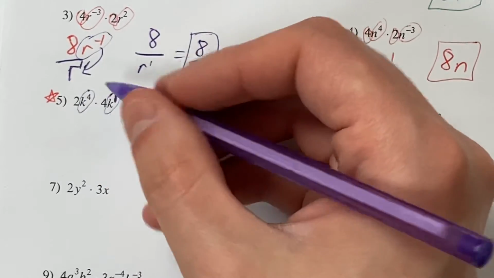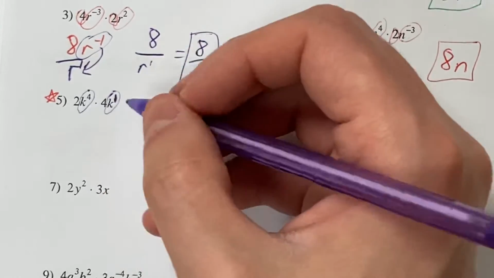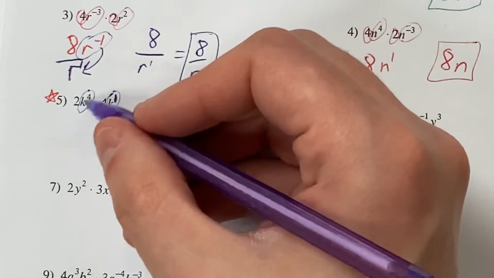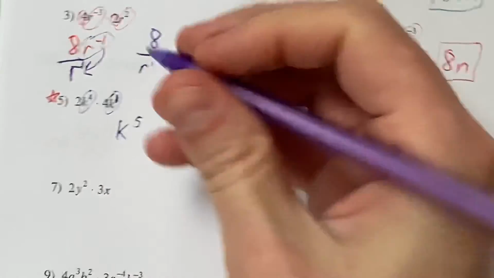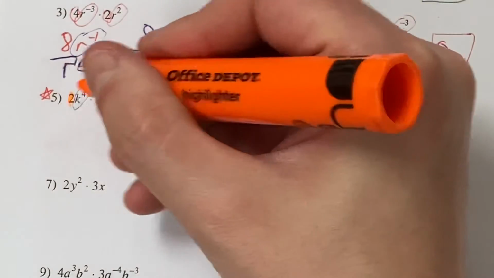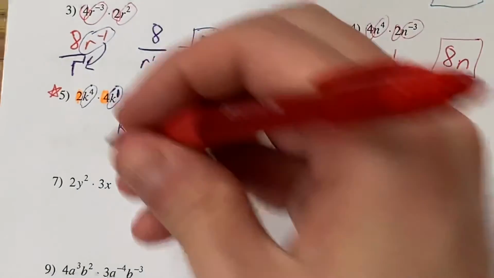But since this is a 1, it's going to be a 4 and a 1 is 5. There's 5 k's total. There's 4 k's here and another k here. So 4 k's and another k make 5 k's. And then this 2 and this 4 can multiply to be 8.